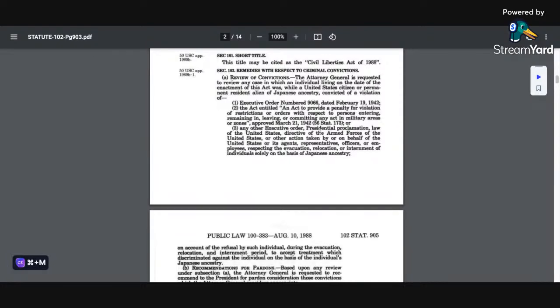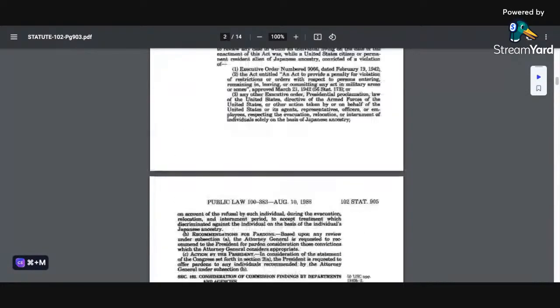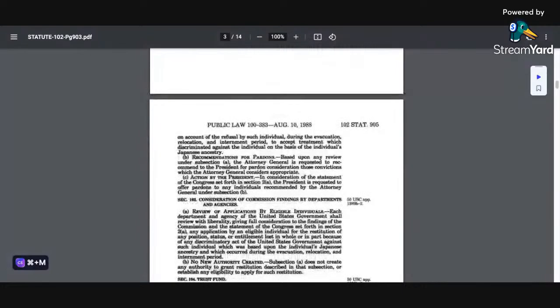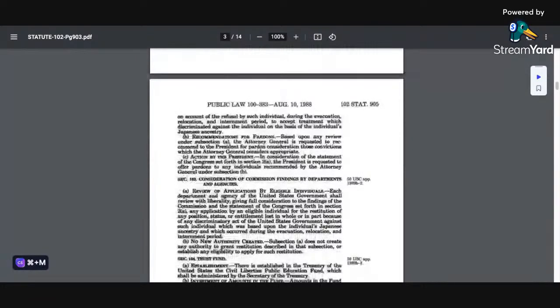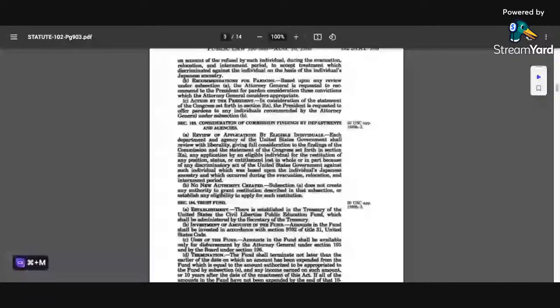Any other executive order, presidential proclamation, law of the United States, directive of the armed forces of the United States, or other action taken by or on behalf of the United States or its agents, representatives, officers, or employees respecting the evacuation, relocation, or internment of individuals solely on the basis of Japanese ancestry, on account of the refusal by such individual during the evacuation, relocation, and internment period to accept treatment which discriminated against the individual on the basis of the individual's Japanese ancestry.